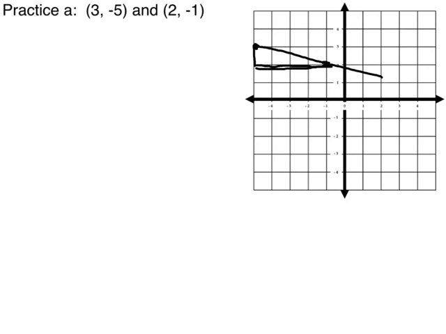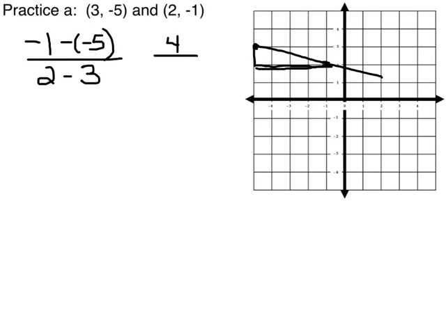Alright, so let's use 2, negative 1. They'll be easy to work with. And then slope formula. Let's use negative 1 minus negative 5, and then 2 minus 3. Alright, negative 1 minus negative 5 is actually negative 1 plus 5, which is 4.